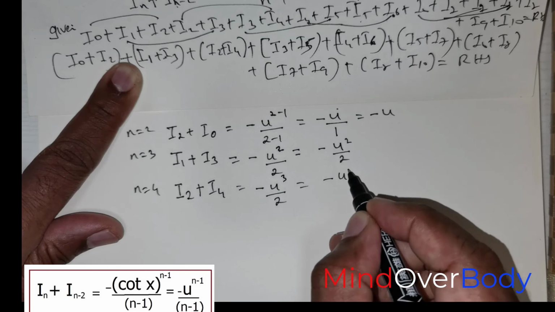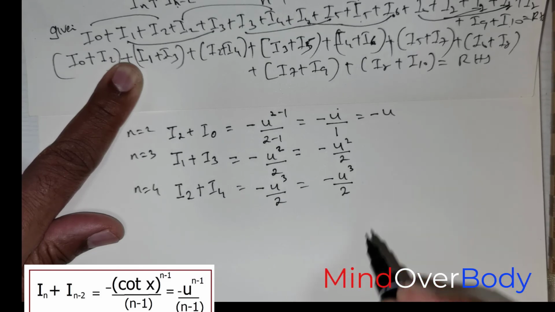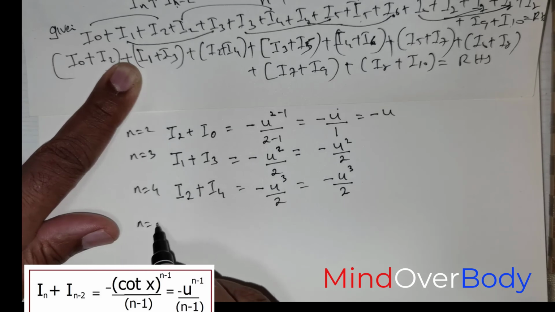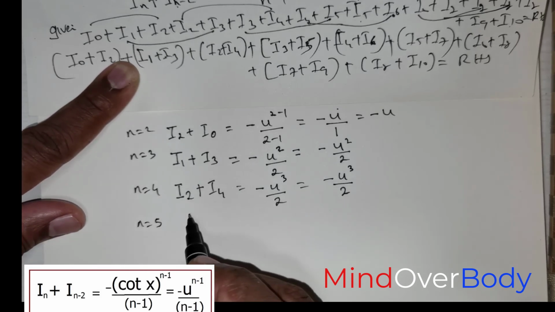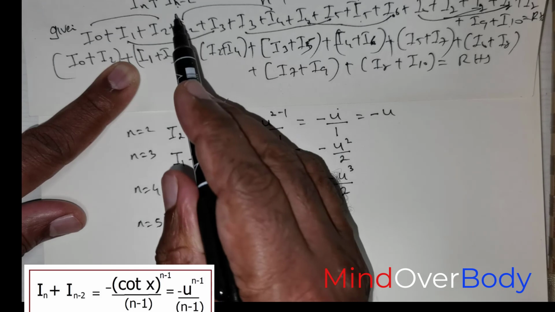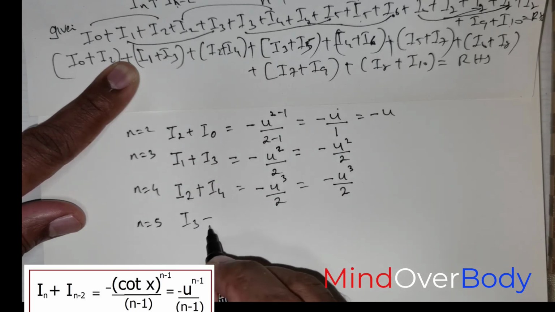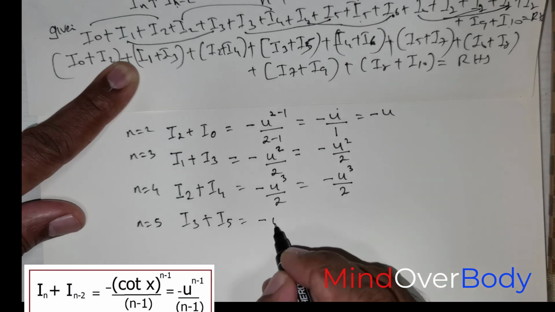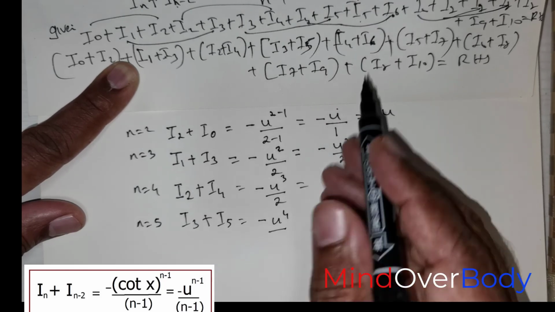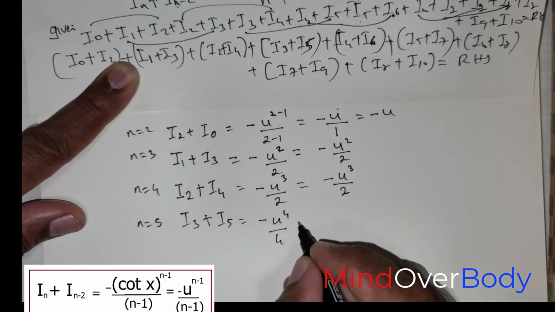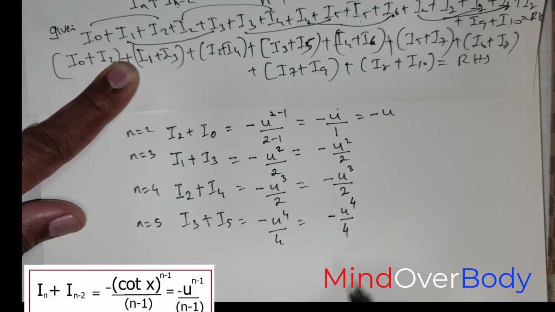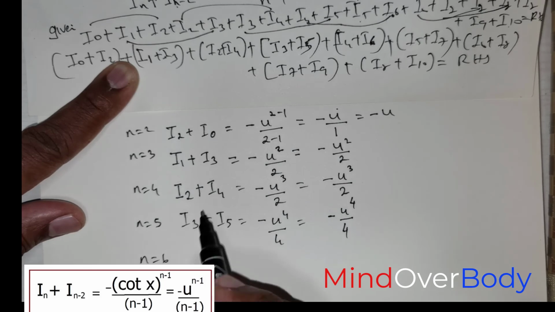So this is negative u cubed over 3. So this is what I've got. Next, n is equal to 5. If I were to take n is equal to 5, I would get I3 positive I5 and negative of u to the 4 divided by 5 minus 1, which is 4, so this is negative u raised to the power of 4 divided by 4.